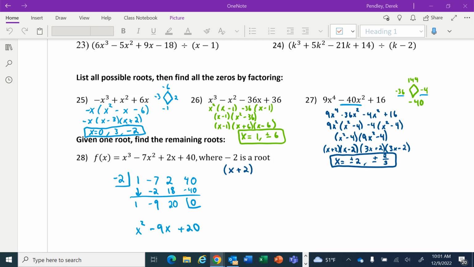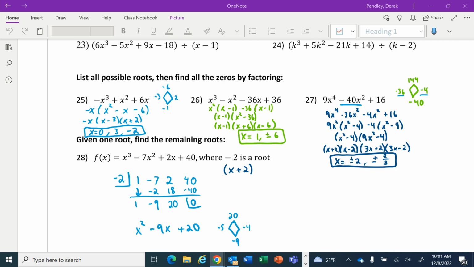So if you have 20 on top, negative 9 on the bottom, factors of 20 that add up to negative 9, they both have to be negative. So negative 5 and negative 4, because negative 5 times negative 4 is positive 20, and negative 5 minus 4 is negative 9.